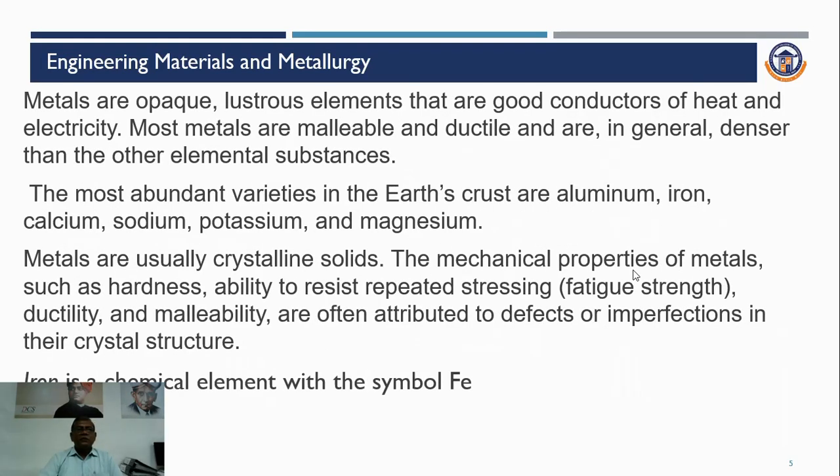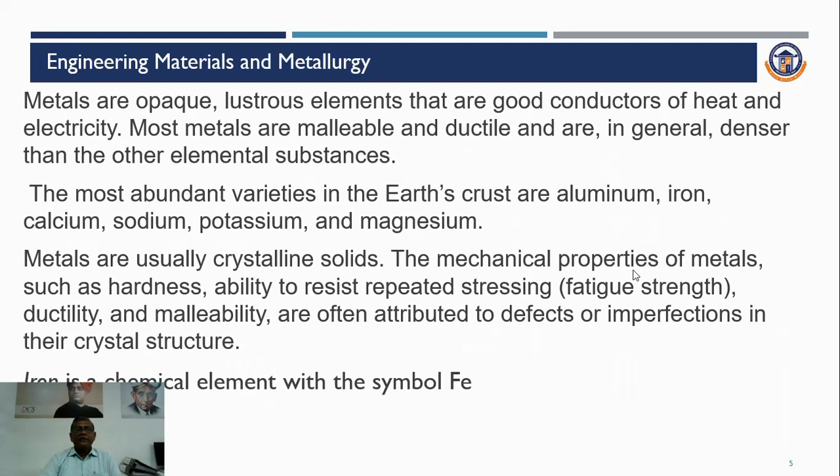So usually metals are opaque, lustrous elements that are good conductors of heat and electricity. Most metals are malleable and ductile and are in general denser than other elemental substances.